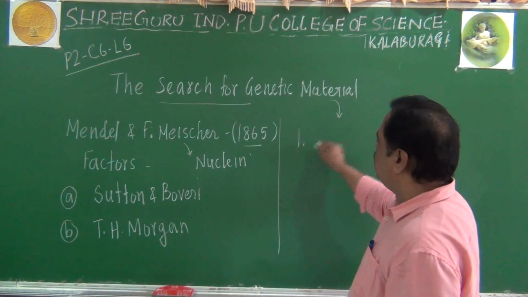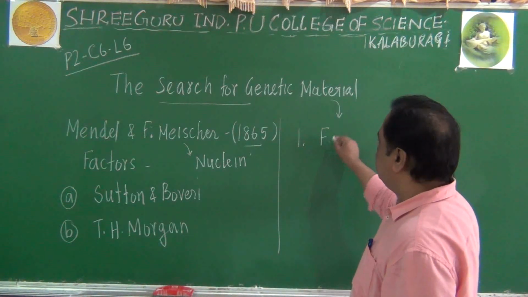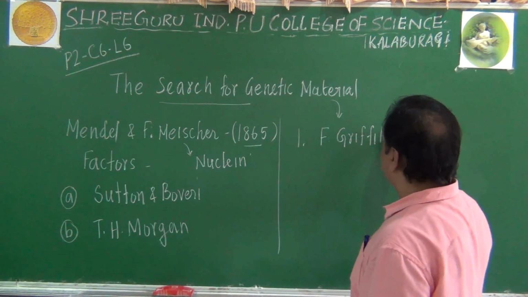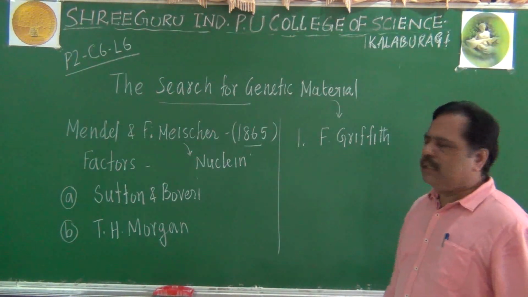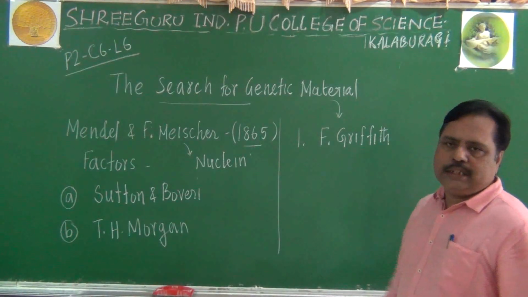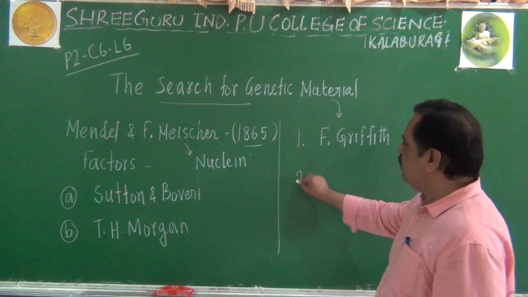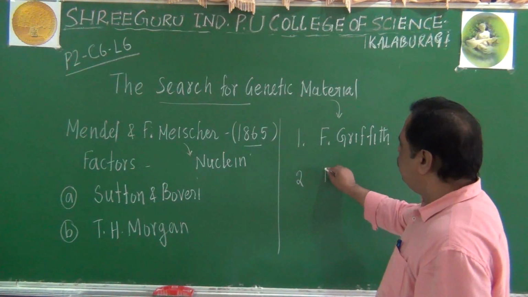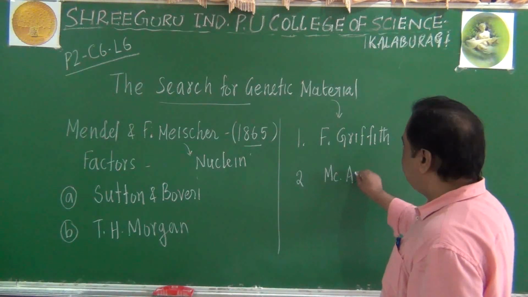For this, I told you 3 experiments. The first experiment was done by a scientist called Frederick Griffith. The Griffith experiment we are going to study here, a 5 mark question. The second experiment was done by a scientist called Avery.